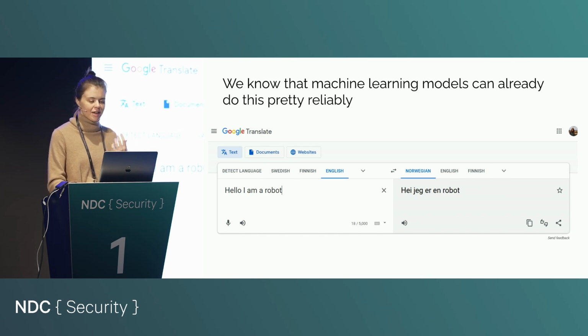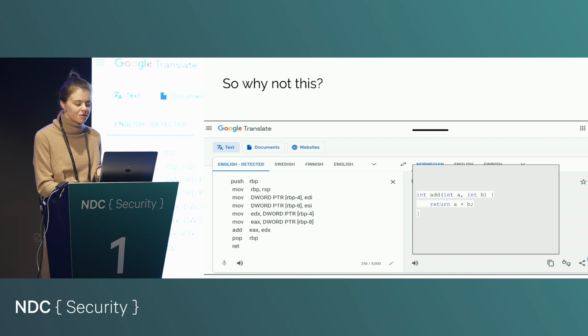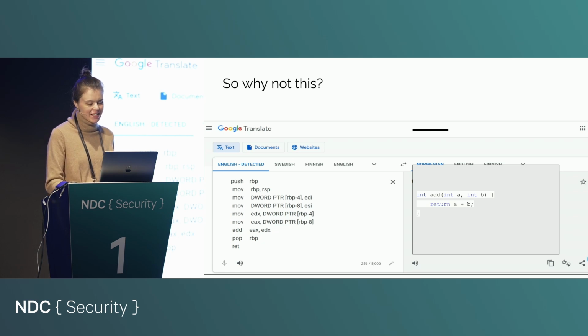So I'm thinking, okay, if we know that machine learning models can do this, why can't there be a Google Translate where you put some assembly? It's not really English, Google, you have to be a bit better. But yeah, why can't we have a Google Translate that just maps them one to the other like that?